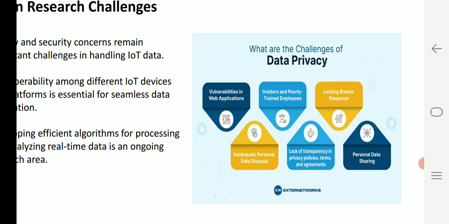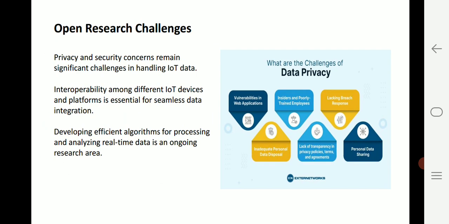I'm showing here 6 challenges: vulnerabilities in web applications, insiders and poorly trained employees, lacking breach response, inadequate personal data disposal, lack of transparency in privacy policies, terms and agreements, and personal data sharing. So these are challenges for data privacy.